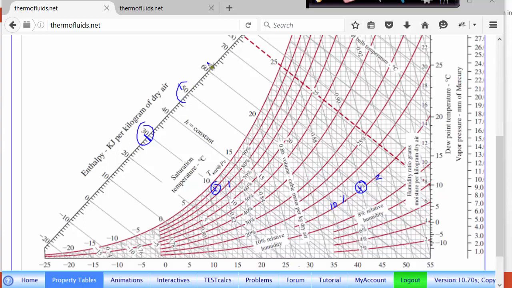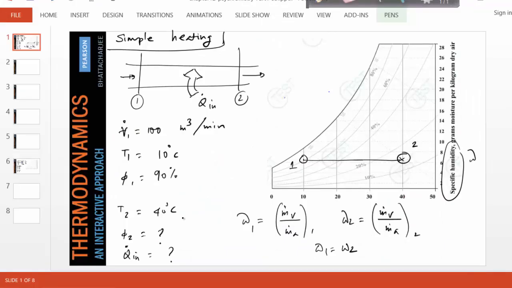Okay, so let's pick up these numbers from here. So the answers we are coming up with: phi2 equals 10%, and H1 equals 29, and H2 equals 60 kilojoule per kg of dry air.